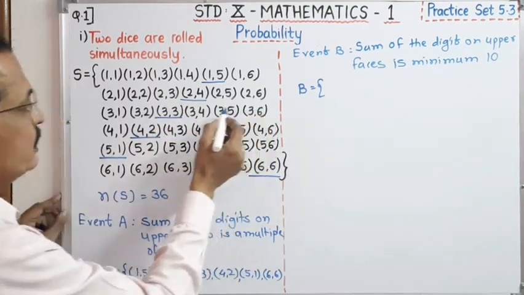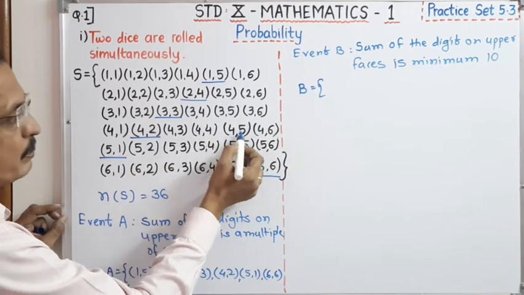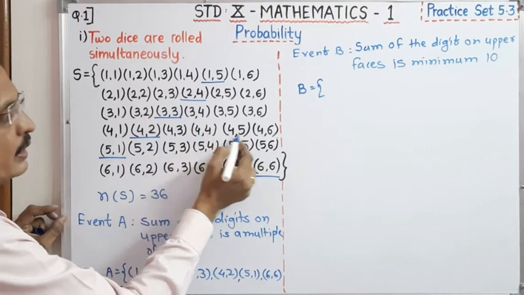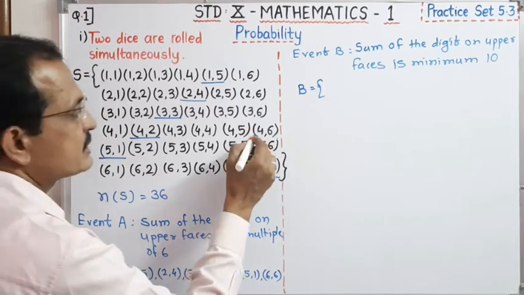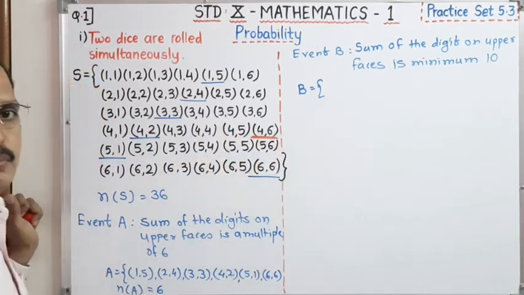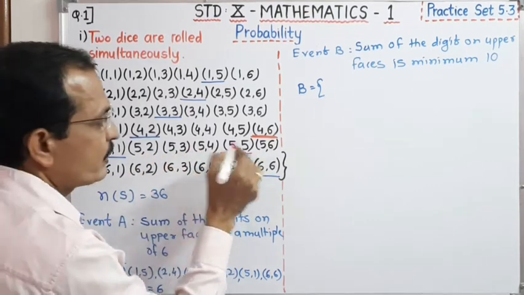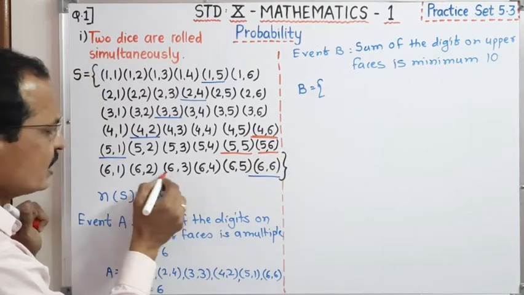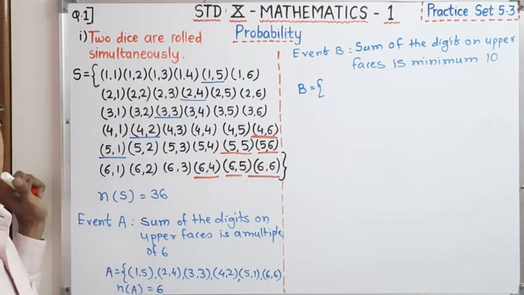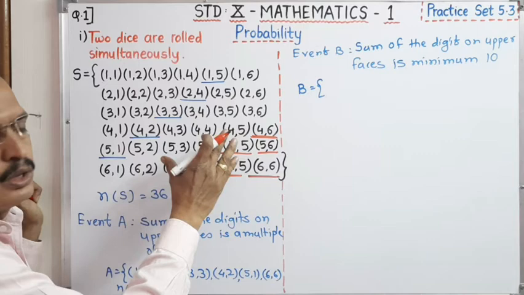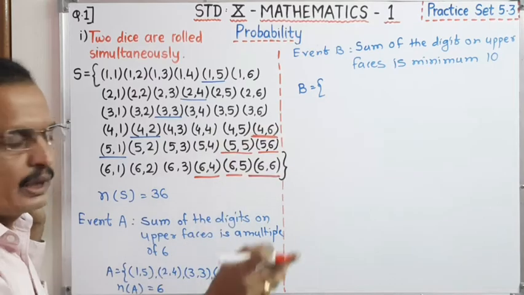See here, up to this we know that it is 6 plus 3, 9, here it is 5 plus 4, 9, 4 plus 4, 8, here it is 4 and 6. 4 and 6, the sum is 10. That means we can take this, minimum 10. Then 5 plus 5, 5 and 6. Then 6, 4, 6, 5 and 6, 6. Got it? These are the sample points whose sum is 10 or more.